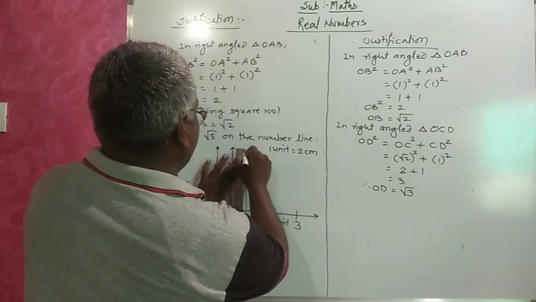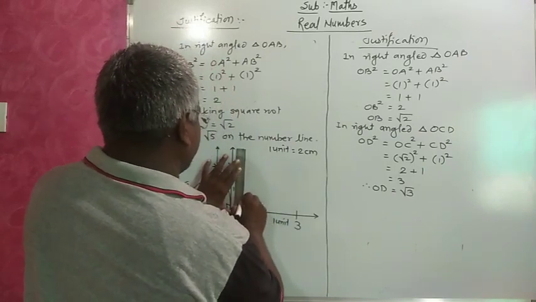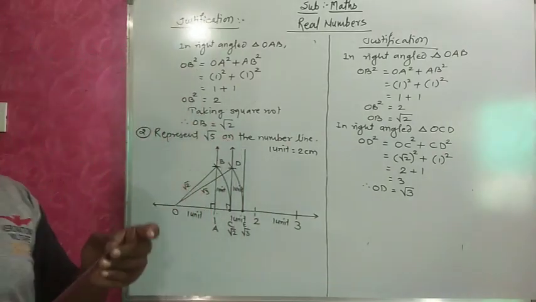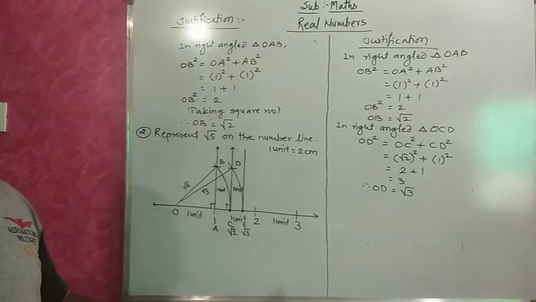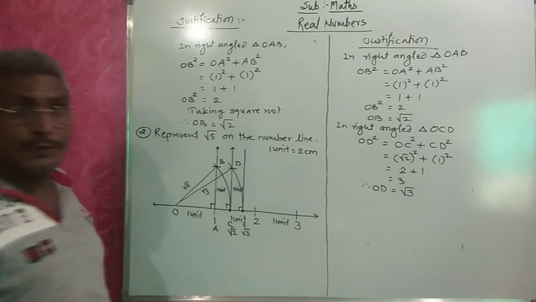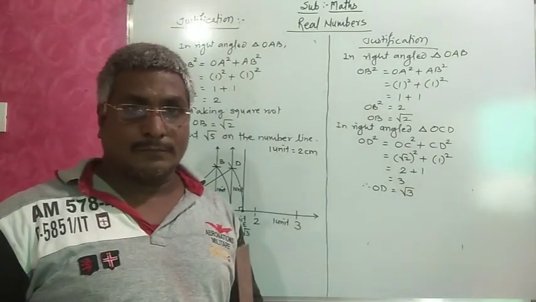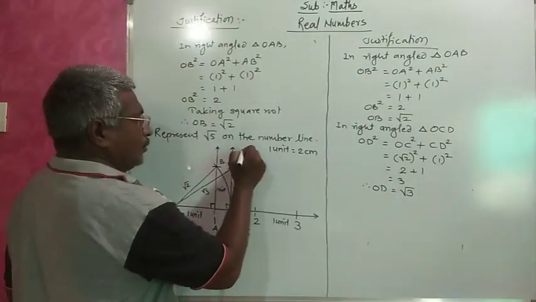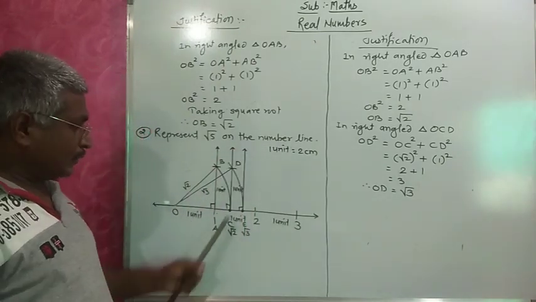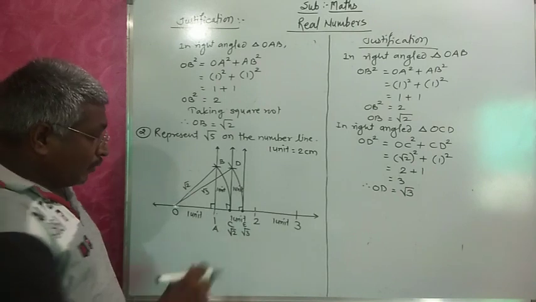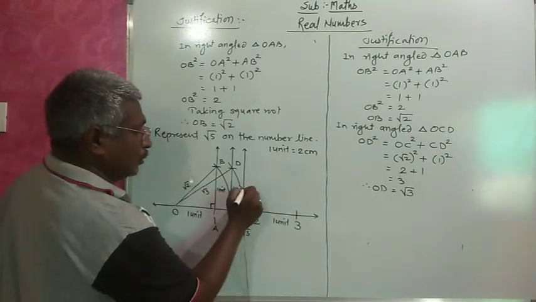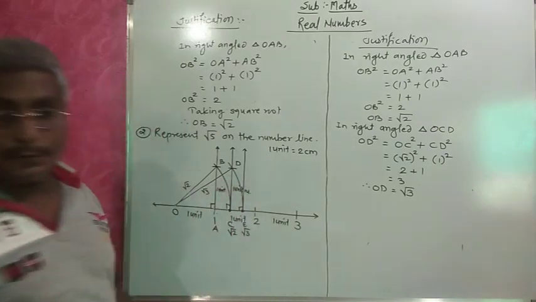So in this way, with the help of protractor, student, here I am using scale. I know how to draw the 90 degree. So if you don't use this method, you can use protractor. Clear? Now again this is 90 degree. Now 1 unit distance again. How to take 1 unit?